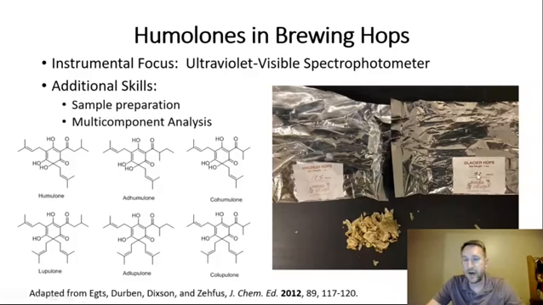One was a glacier hops, which is a low amount of alpha humulones, and then a magnum hops, which is a high amount of alpha humulones. And then they had to do the extraction of those humulones and the characterization. This is also a really nice experiment because if they do it correctly, then they get very good results, very close to the reported values on the packages.